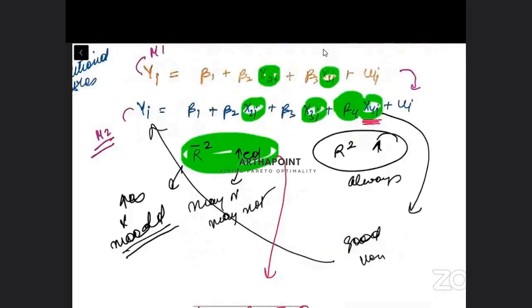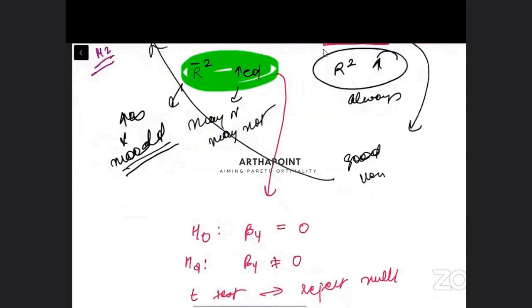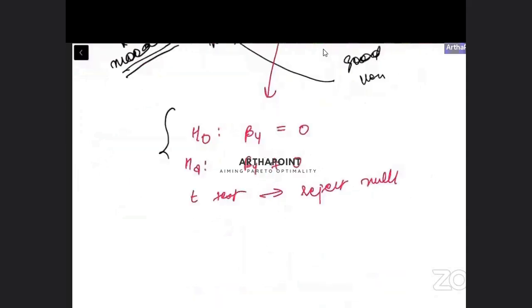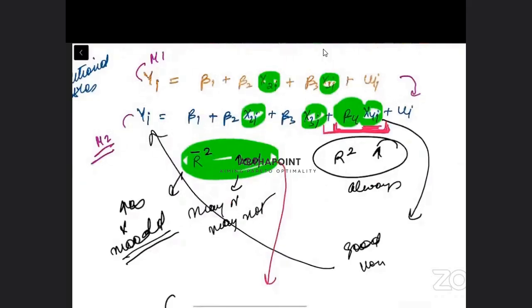So if I test individually how important this variable is, and I am able to reject null in favor of alternative, it means this variable is important. If this variable is important, then its corresponding r bar square also increases.